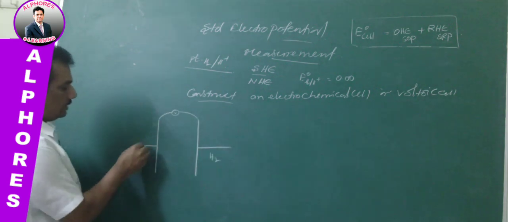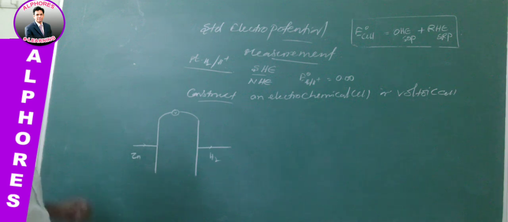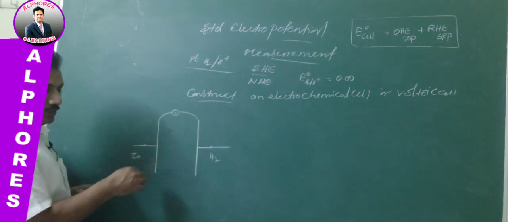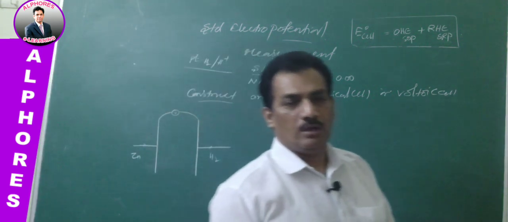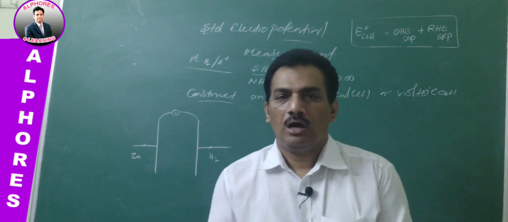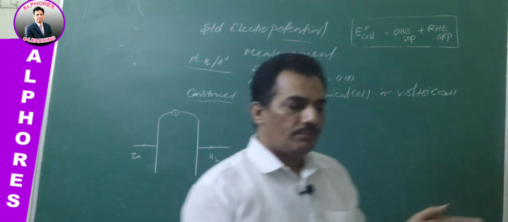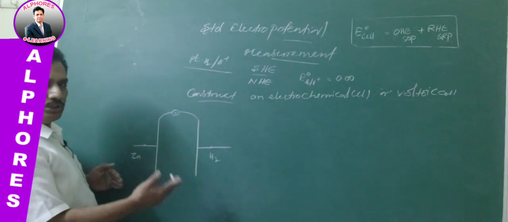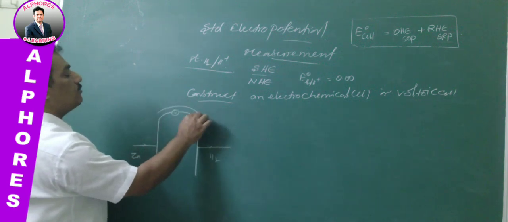We are constructing like this. Clear? And now from the voltmeter reading, I think all of you know that when electrons are migrating in one direction, automatically the current is migrating in the other direction.